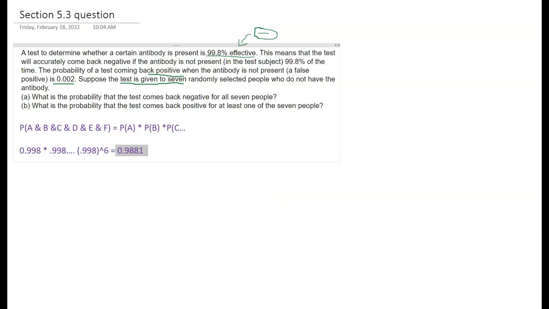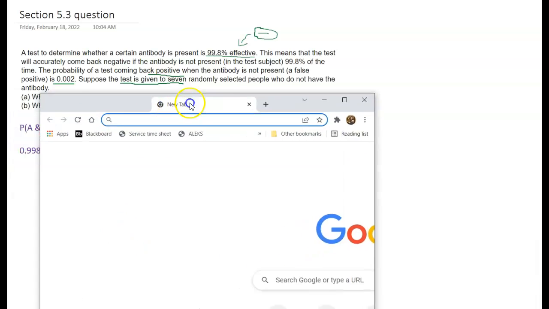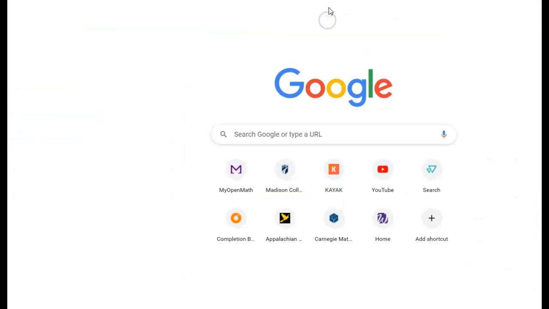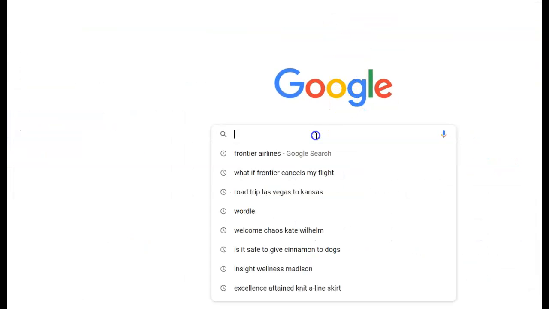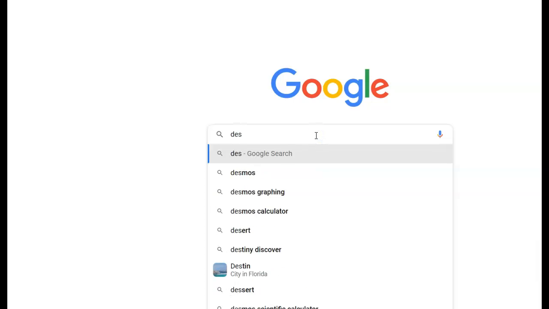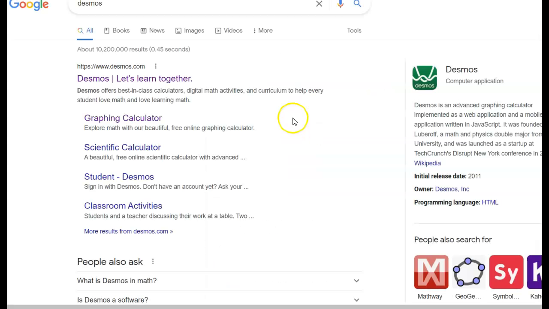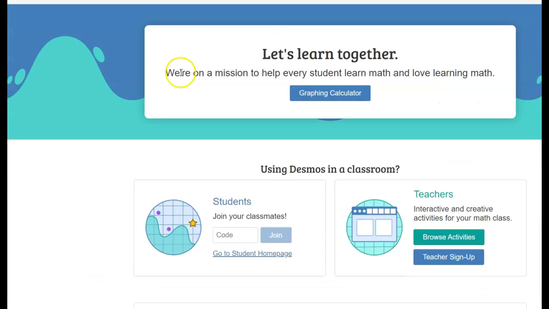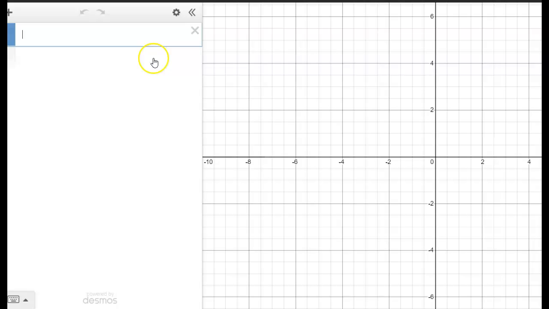So I'm going to show you the Desmos graphing calculator because this calculator is what I use for probability calculations. I'm also going to show how to use it to do probabilities.